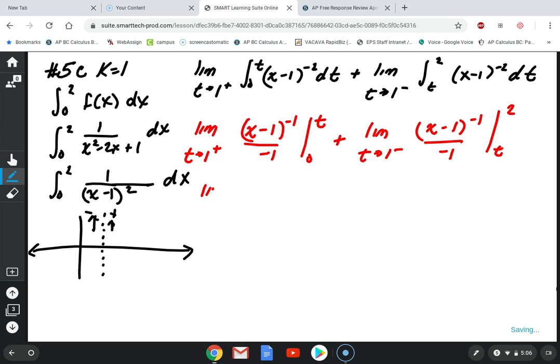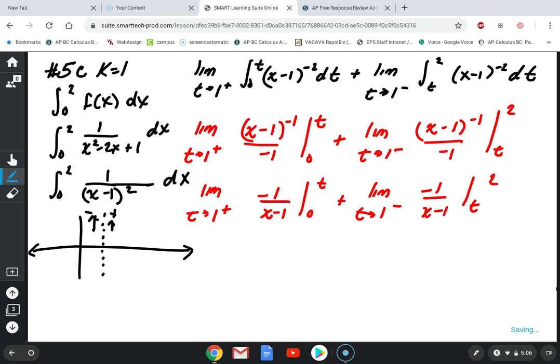So I have the limit as t goes to 1 from the right of negative 1 over x minus 1 from 0 to t, plus the limit as t goes to 1 from the left of negative 1 over x minus 1 from t to 2.